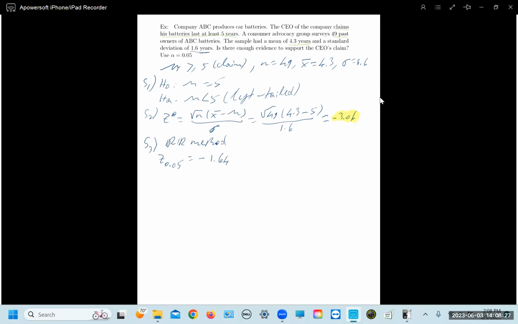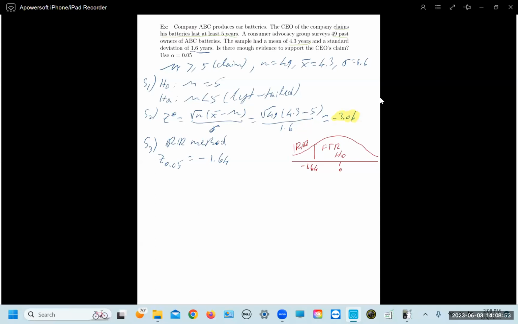So we have to draw this one: minus 1.64, and this one 0, fail to reject H0, and the reject region.